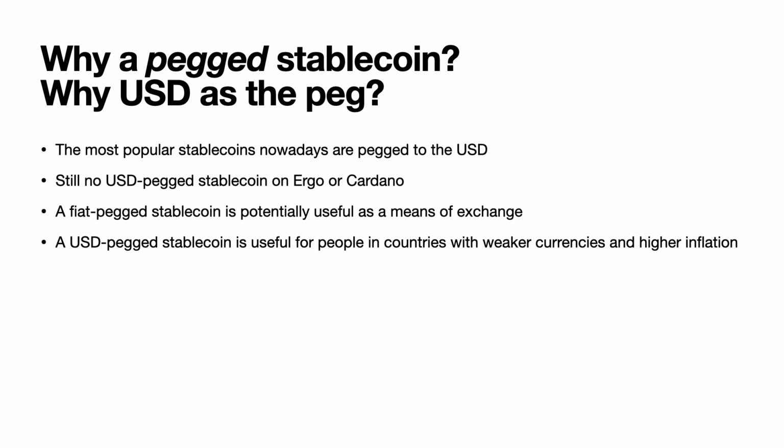And particularly a stablecoin that is pegged to the USD could be useful for people in countries with weaker currencies and higher inflation. So because we chose to have a pegged stablecoin and it's pegged to an off-chain asset, this means that we need an oracle.